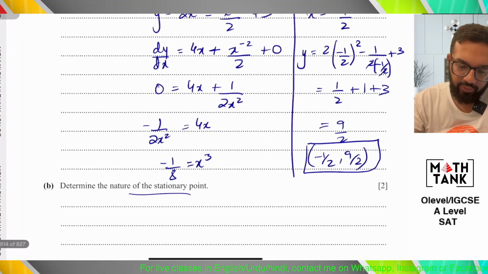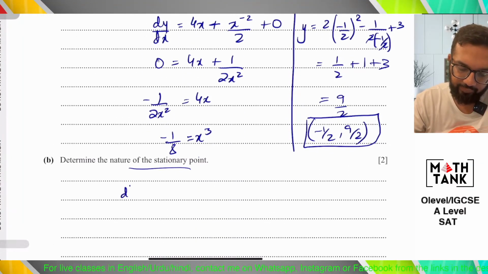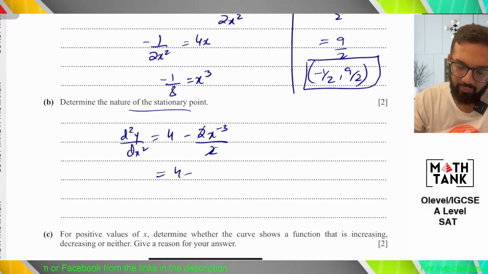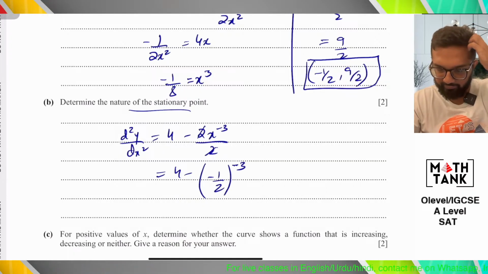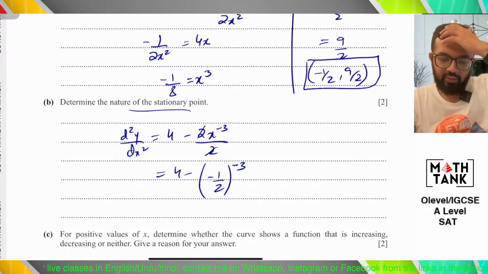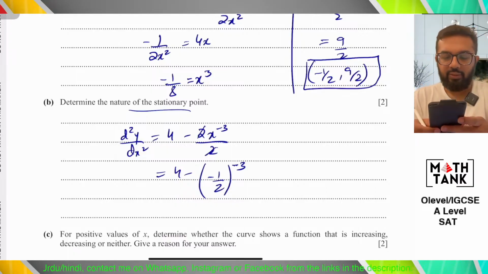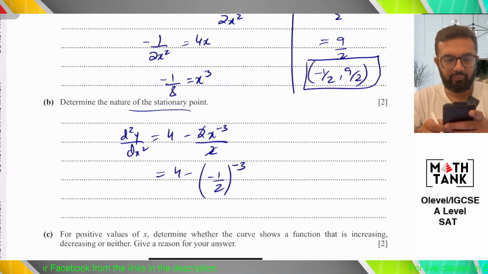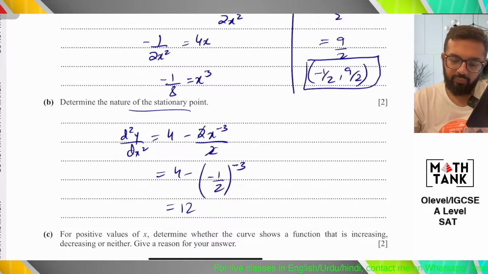Determine the nature of the stationary point. So I have to double differentiate this. That would be 4 minus 2x power minus 3 over 2. 4 minus half power minus 3, minus 1 over 8 and then minus 8. Let me put this on a calculator. Positive, therefore minimum.